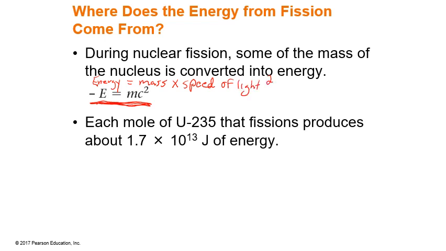The amount of energy that uranium-235 can produce is about 1.7 times 10 to the 13th joules of energy. So it's a huge amount of energy from a fairly small amount of material.